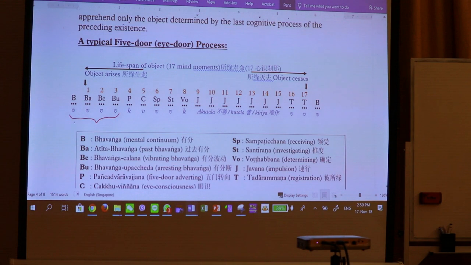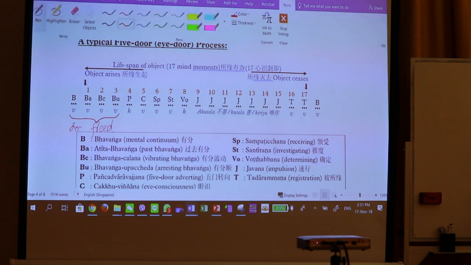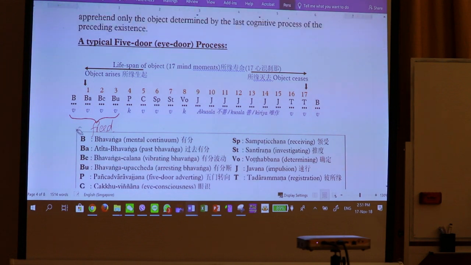This is an important thing. Patisandhi, Bhavanga, and Chuti: three consciousnesses. Patisandhi means birth-linking consciousness, then life-continuing consciousness and death consciousness. But we have to start from number 4.